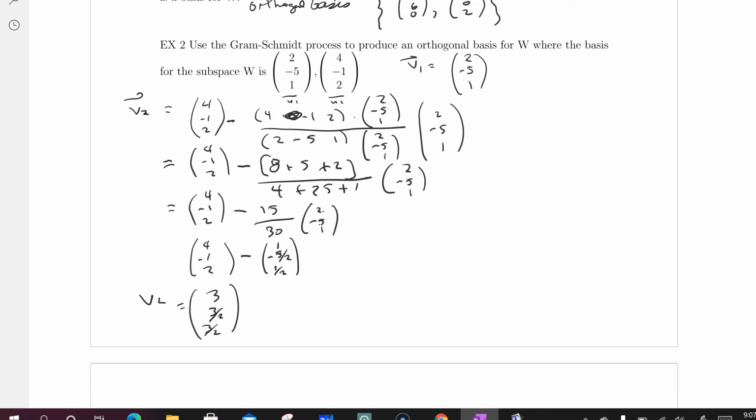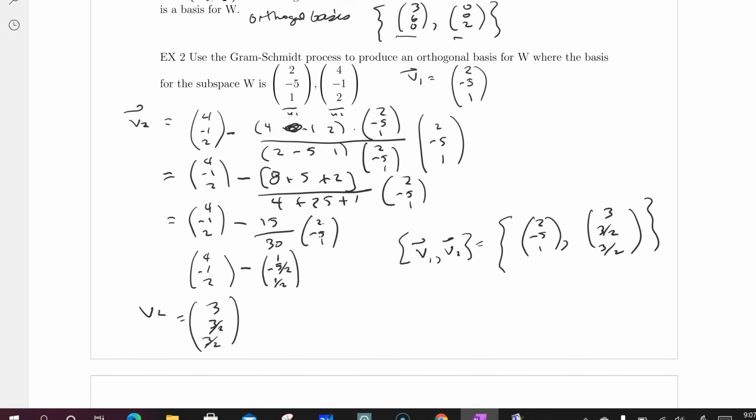So my two vectors, v1 comma v2, which are my orthogonal bases, are 2, negative 5, 1, comma 3, 3/2, 3/2. So it's not so obvious that the dot product is 0 like the other one, right? The dot product of these two for sure was 0.